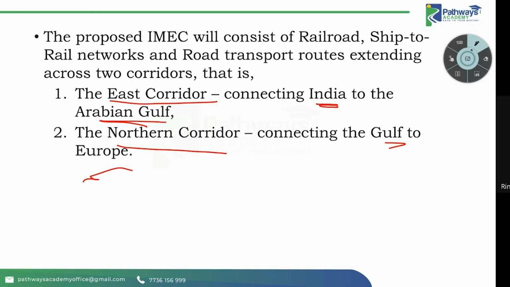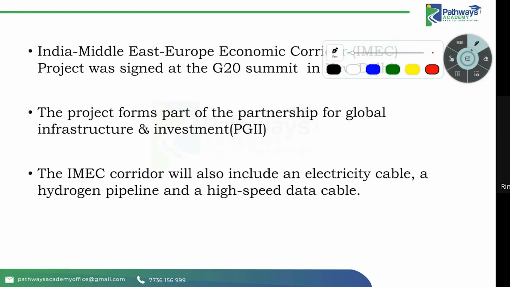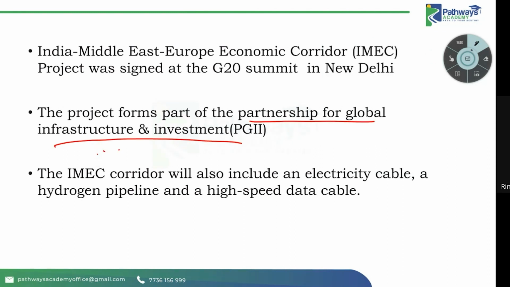Another important thing about this corridor is that it is part of a project known as the Partnership for Global Infrastructure and Investment. UPSC may give this as a statement.